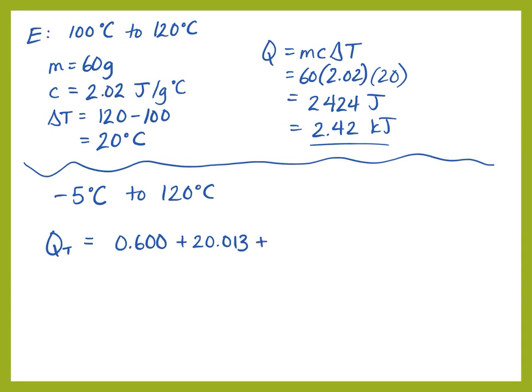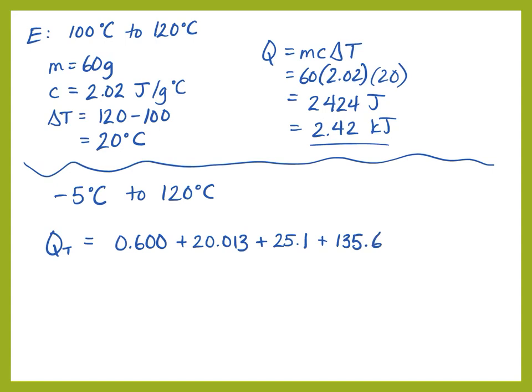And then to raise that liquid from 0 degrees Celsius to 100 degrees Celsius was 25.1 kilojoules. Converting the 60 grams of liquid water to 60 grams of gaseous water took 135.6 kilojoules of energy.